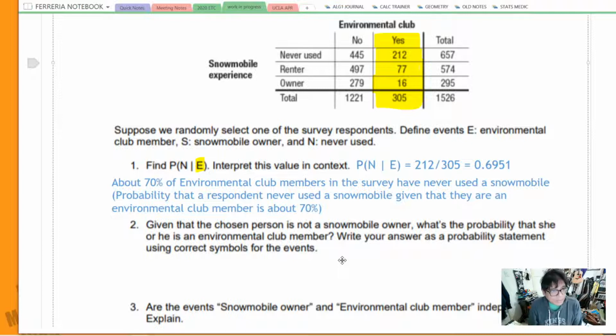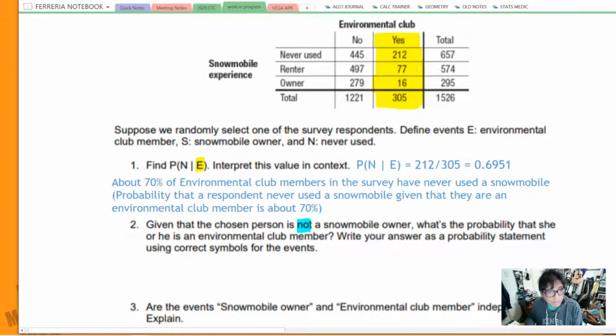Okay, next, given that a person is not a snowmobile owner, what's the probability that he or she is an environmental club member? So this time we're going to say given that they are not a snowmobile owner. If they're not a snowmobile owner, then they either never used one or they are a renter.